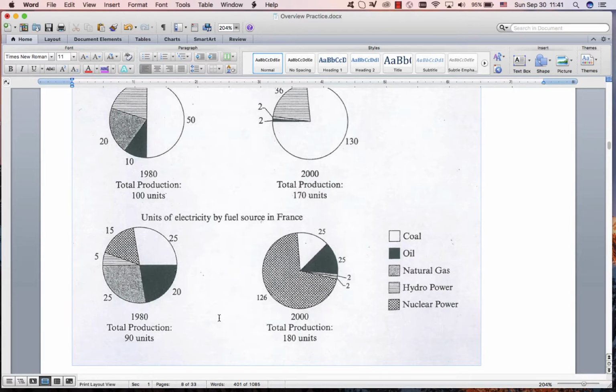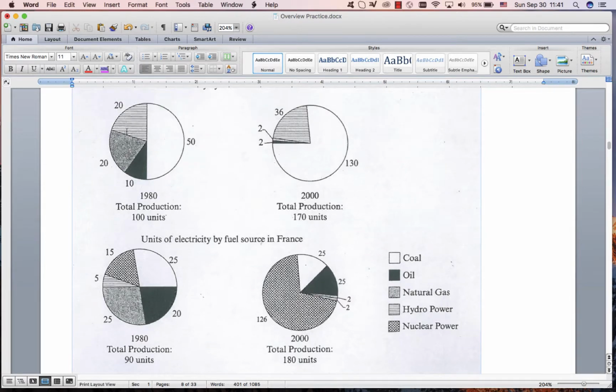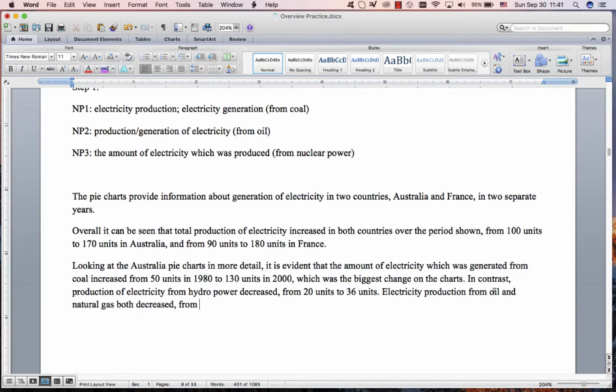It's a good way, it's a nice sentence to use because it gives you good language, but it also helps you to put a lot of data points, 4 data points into one sentence. Decrease from 20 and 10. Which one? Natural gas 20 and oil 10. So then I must say 10 and 20. So electricity both decreased from 10 and 20 respectively.